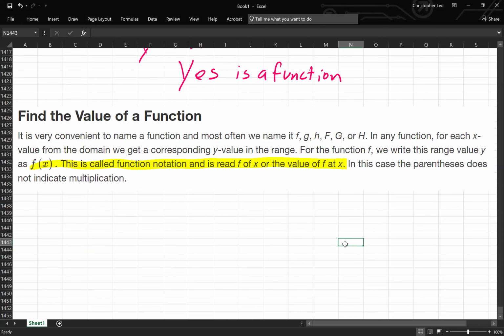For the function f, we write this range value y as f of x. This is called function notation and is read as f of x or the value of f at x. In this case, the parentheses do not indicate multiplication. It's what you're going to plug into the equation.